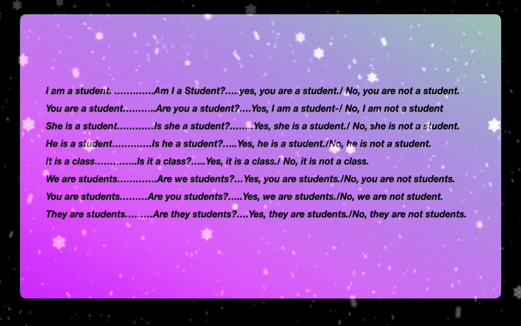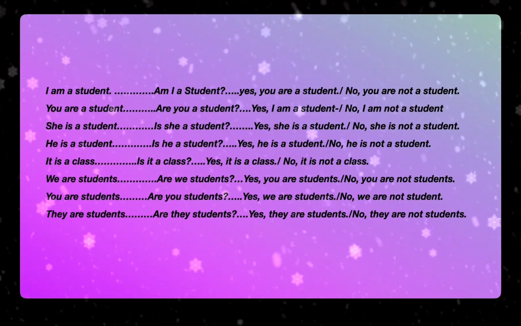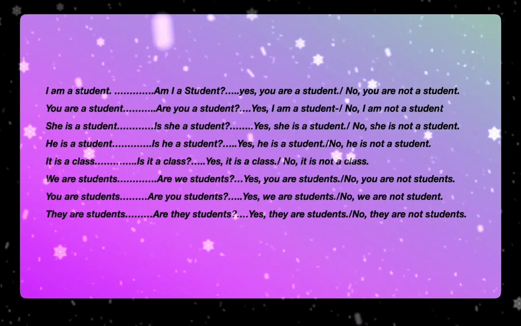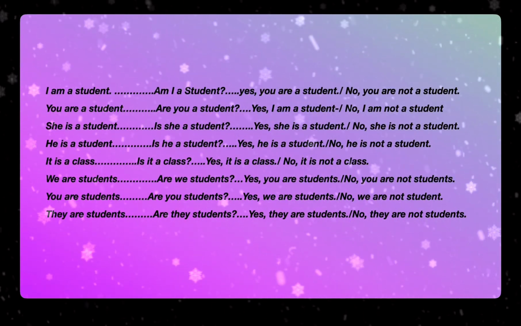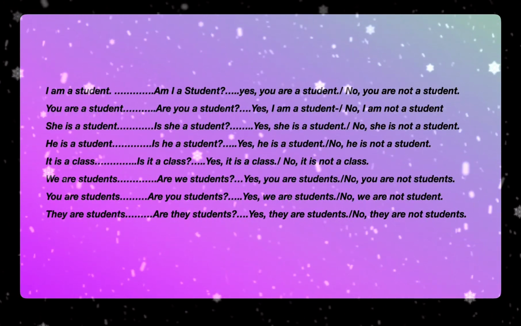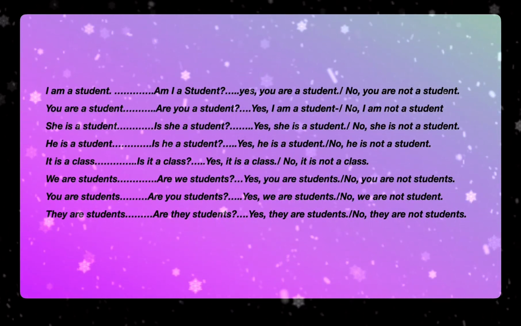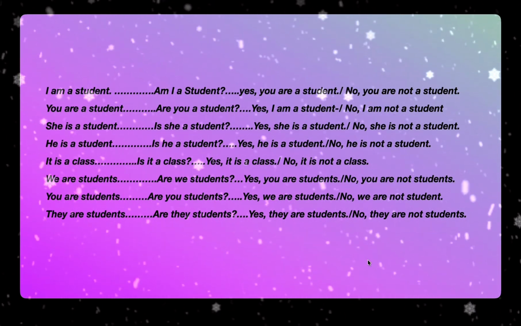Here is a negative sentence because there's a negative maker not after our to be verb. No, you are, which is our to be, are not. Not is a negative maker. So the negative maker came after are. That's really important to know.